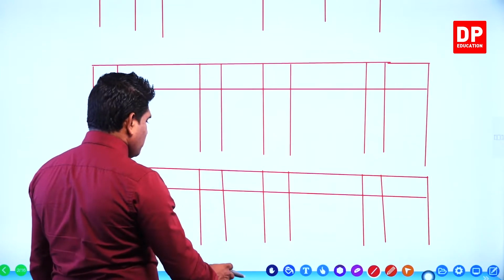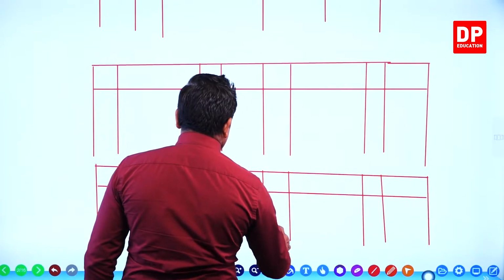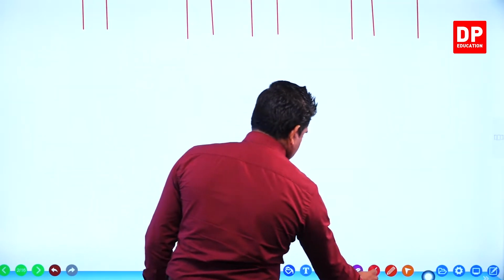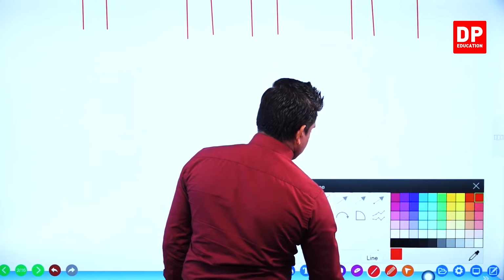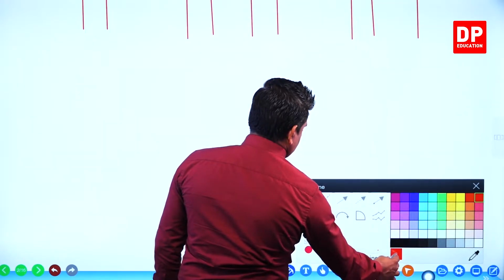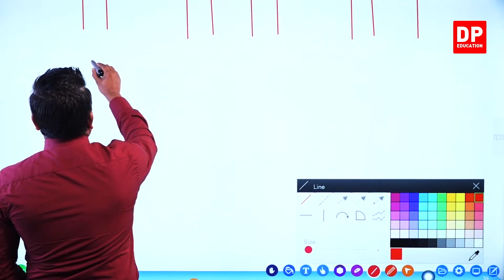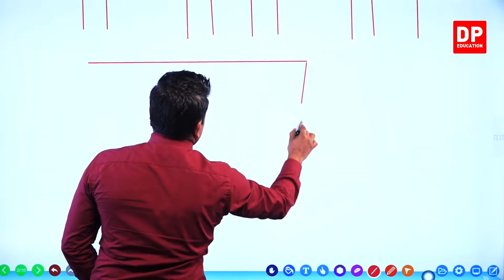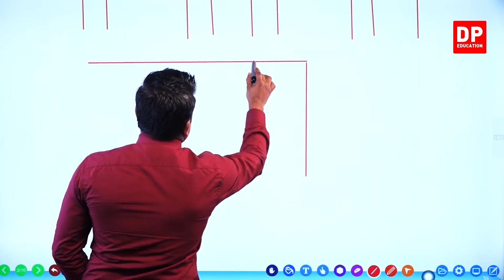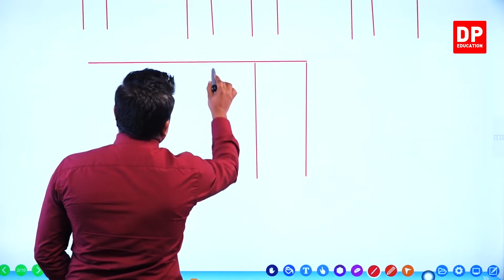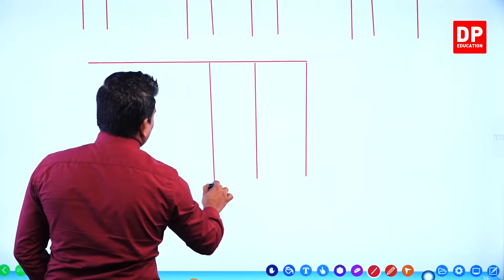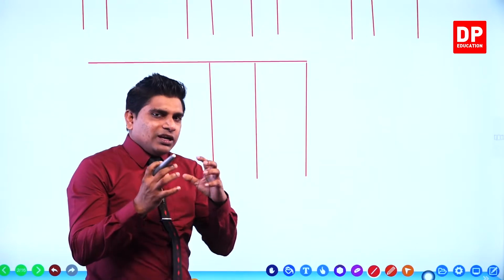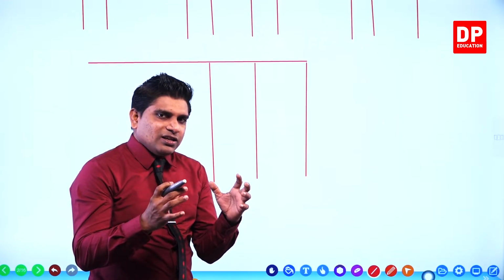Okay. Now, I draw the profit and loss statement part, only the extract of the profit and loss statement, right? This is the profit and loss statement, not the full format. Here I draw two columns, not three columns. Why? Two columns is enough. Here I am going to show you where we record that building rent expense, right?